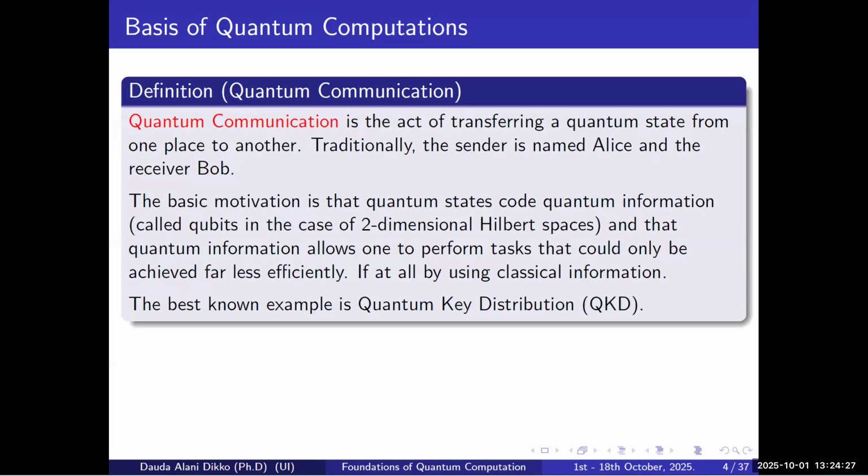Now, the basic motivation is that the quantum state, which is a code of quantum information called the qubit, in the case of a two-dimensional Hilbert space, because Hilbert space takes the real and complex variables, so it's the best space to use, and that the quantum information allows one to perform tasks that could only be achieved far less efficiently, if at all, by using classical information.